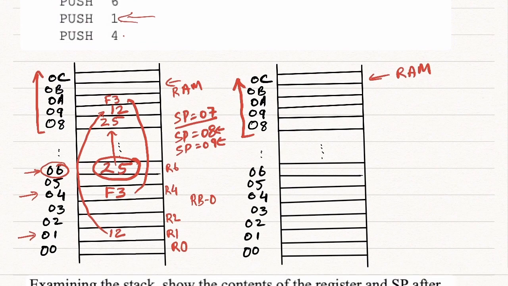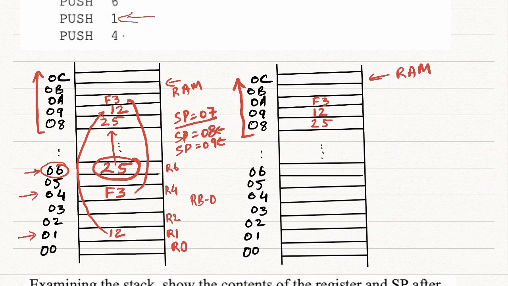Okay, so after these operations, earlier the content of 08 was whatever it was. Now it is changed to 25, and this is 12, and this is F3.